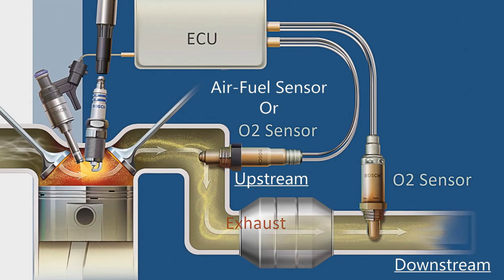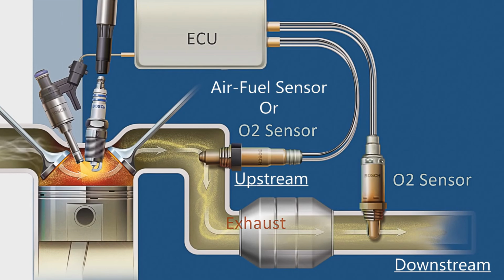Now the air fuel sensor is more of a performance and drivability based sensor. It's very important for the proper drivability of the vehicle. And the rear oxygen sensor, the downstream sensor, its job is just to check the efficiency of the catalytic converter, to make sure that it's working properly.